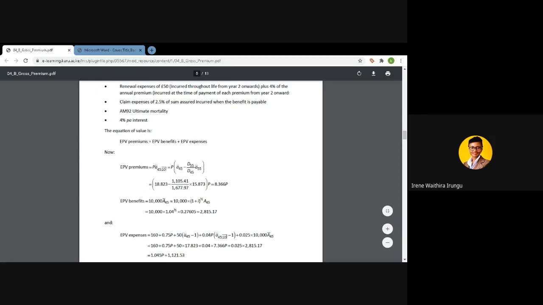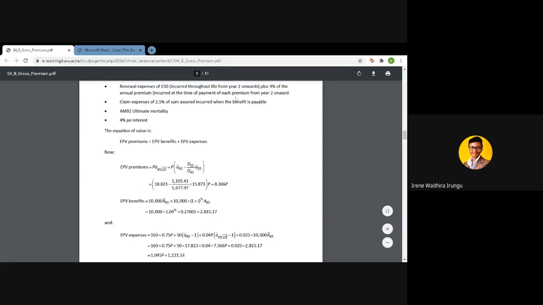Remember, the premiums stop after 10 years, but it doesn't mean that after 10 years Gordon will be dead. So even if they continue to live past the 10 years, let's say to age 60, they will still pay a renewal expense of 50 because it is being incurred throughout the life from year 2 onwards.